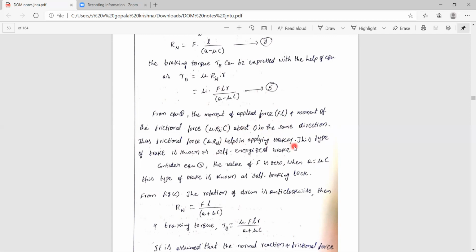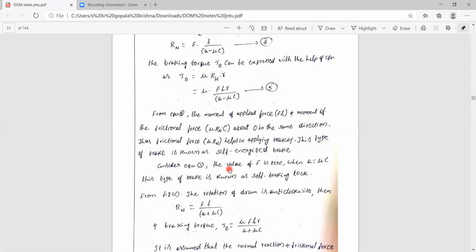The frictional force is always helpful for applying the brakes, since it is the frictional resistance. Thus this type of brake is known as a self-energized brake.